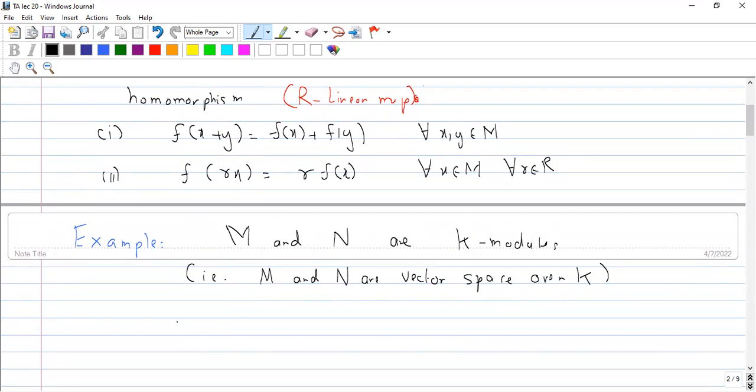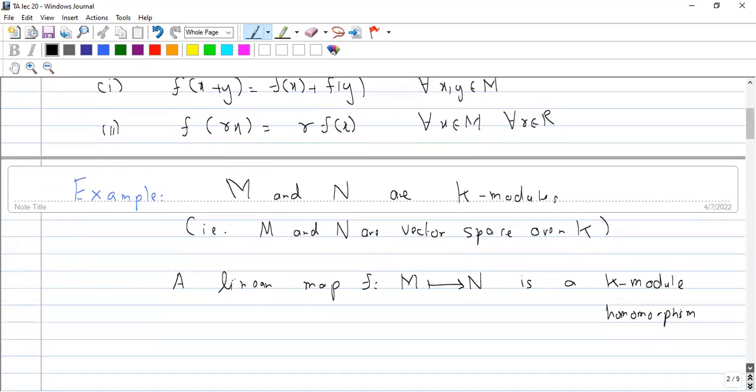So in this case a linear map F from M to N is a K module homomorphism. So we have seen in the case of vector spaces that any linear map from M to N is a K module homomorphism.